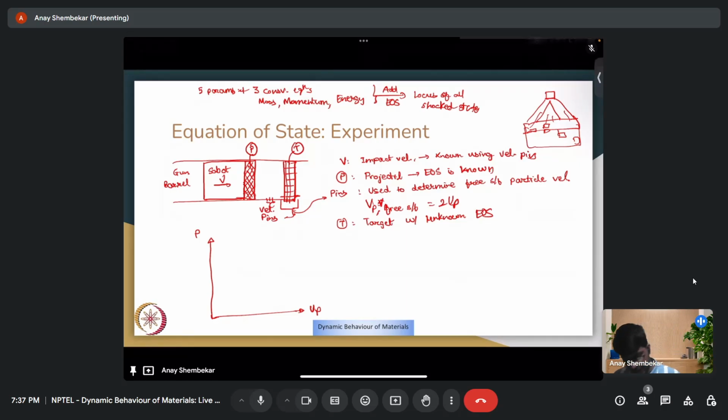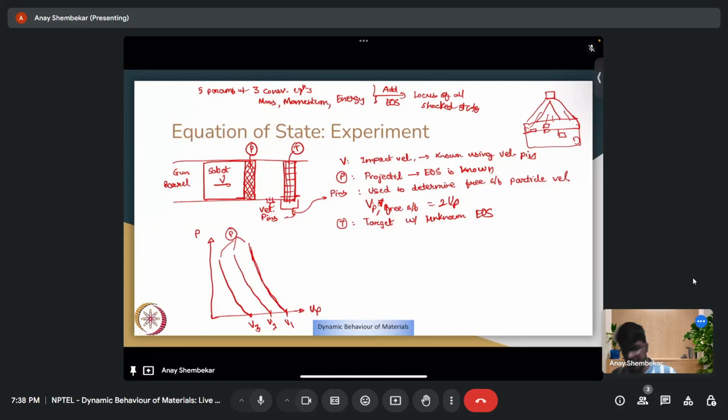Suppose we start with a velocity v1, then you would have impact velocity v1. We impact again with some velocity v2, and again with velocity v3.